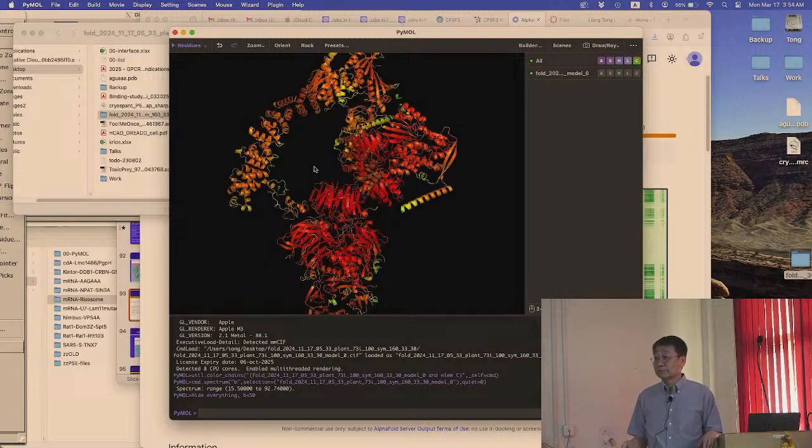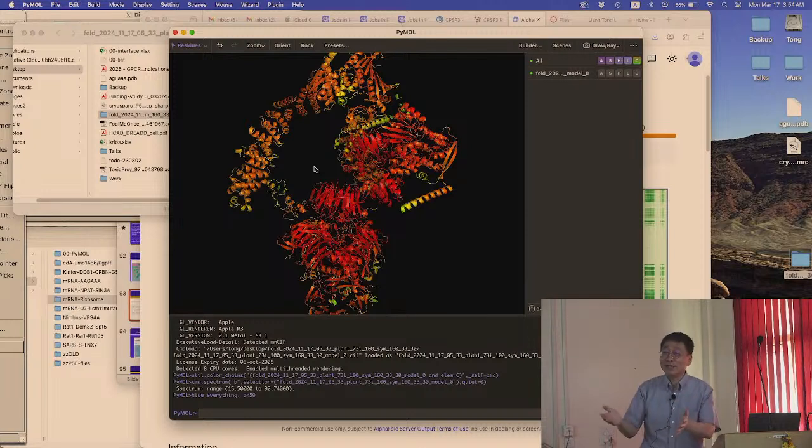Okay. And then, as I said, there are 5 models. So what you should do is look at all 5 and make sure that they are similar to each other. Overlay them together and see whether they are really different. If all 5 are very different from each other, that means probably you don't have the right answer. If they're all similar to each other, probably you have the right answer, or probably the same wrong answer.